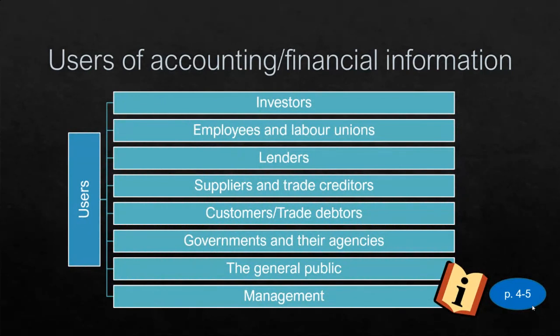Creditors or trade debtors, that is the people we sell goods to or provide services to, and they owe us money, and they would generally also repay it to us within 30 or 60 days, depending on what our credit terms are. Then governments and their agencies, that is, for example, your tax authorities that would require tax.